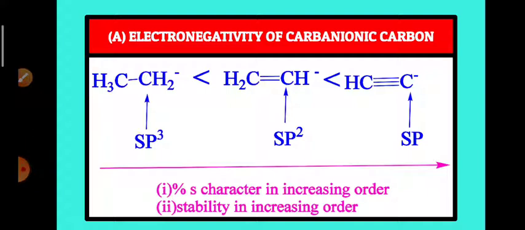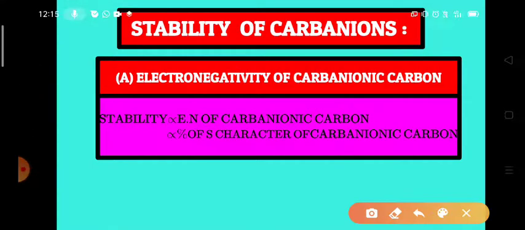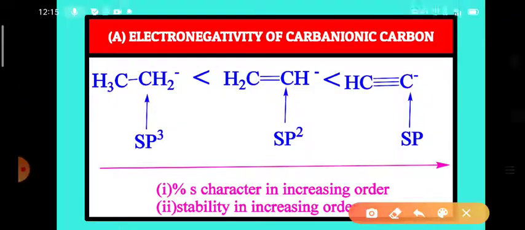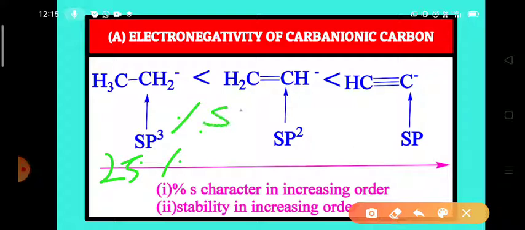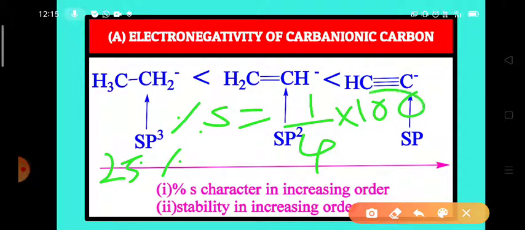In sp3 hybridization, the percentage of S orbital is only 25%, because in sp3 hybridization 1 S orbital and 3 p orbitals are involved, no? So the percentage of S character can be calculated like this: 1/4 into 100, so it becomes 25.